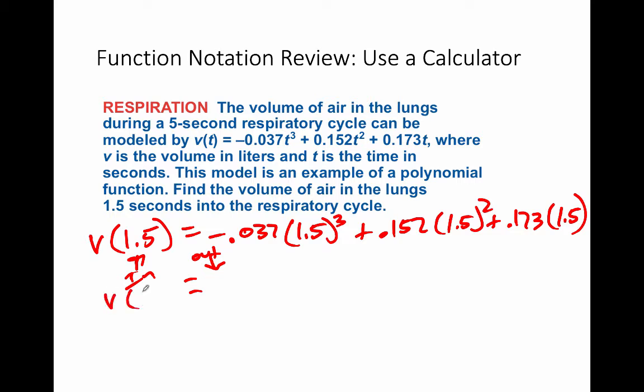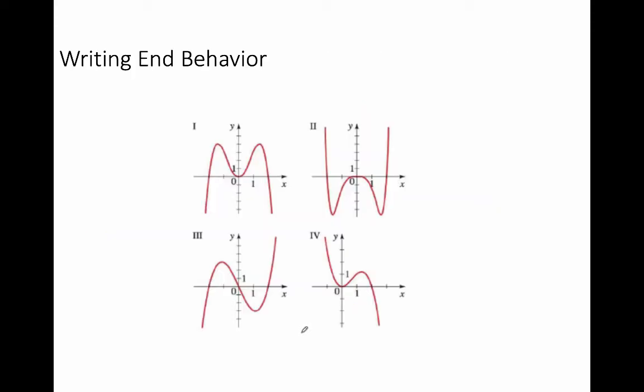So our volume at time 1.5 seconds, if you plug that in, 0.476625. And what are we talking in? We're talking in liters. So that's how much air you would expect in your lungs during that time.